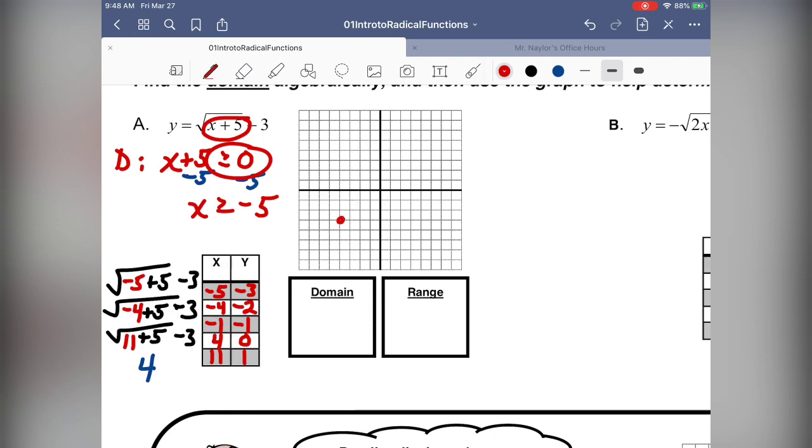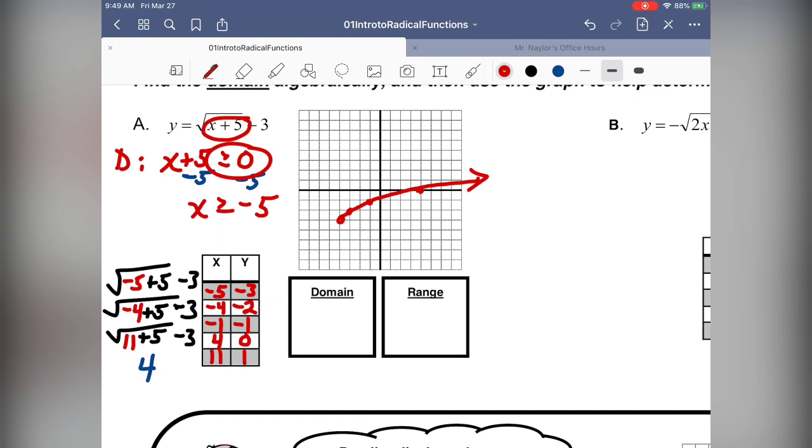Because a radical graph is always going to have this shape that grows and slowly curves as it makes its way to greater and greater x values.